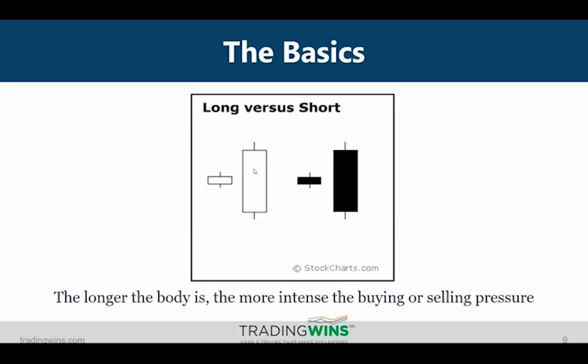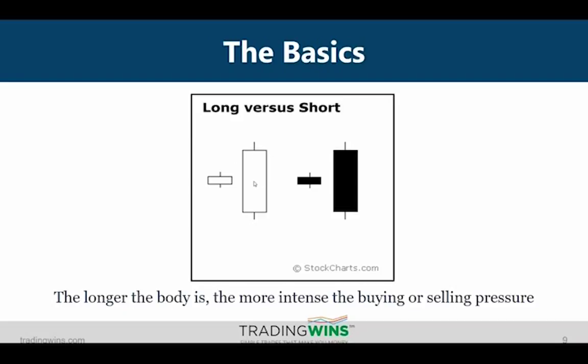So why would this be more significant? Well, obviously, after opening, aside from a bit of fluctuation back and forth, buyers were able to push that price up. So the higher they're able to lift the price, the more pressure buyers put on, or the more dominant the buyers were. And so the wider the range from high to low, and even more significant, the wider the range from open to close, that is what is important.